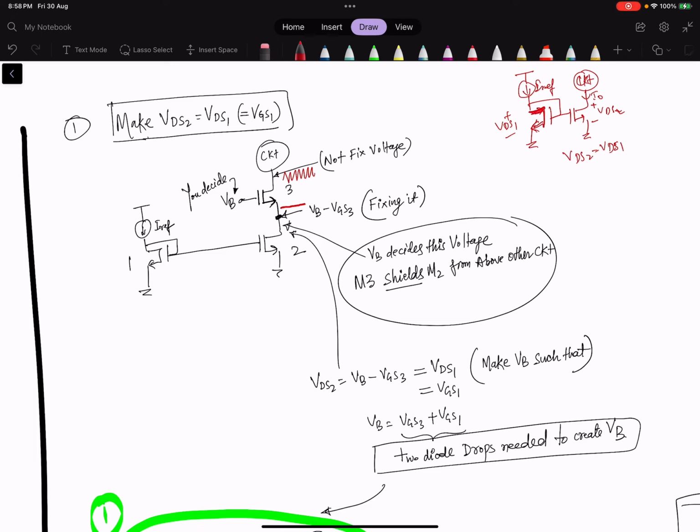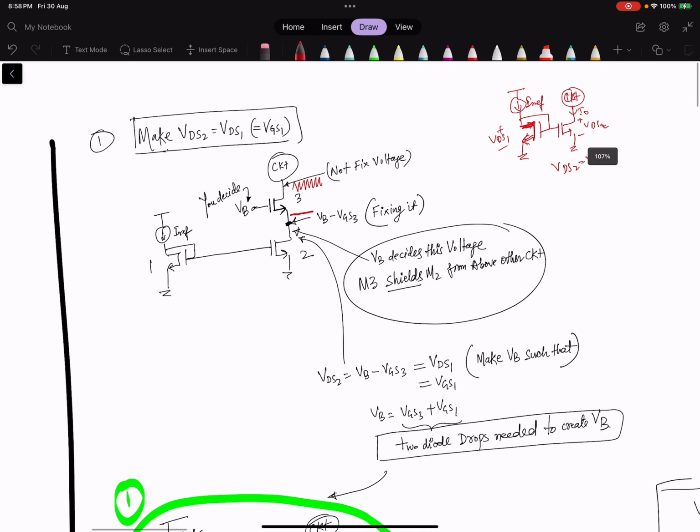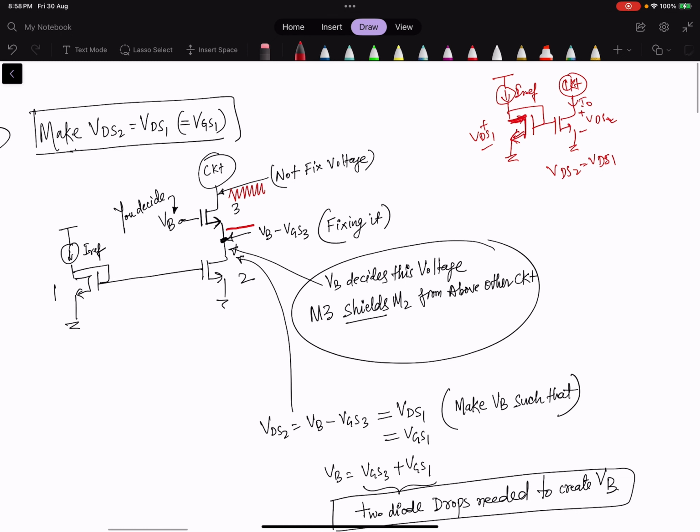So we are going to design the circuit such that we make VDS2 equal to VDS1.